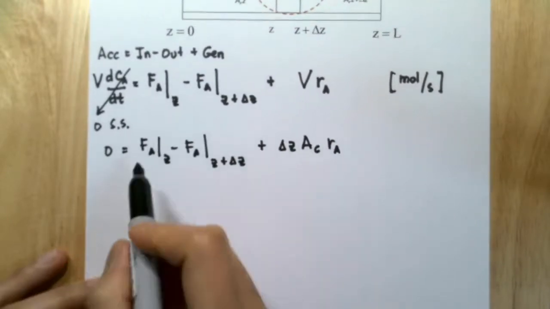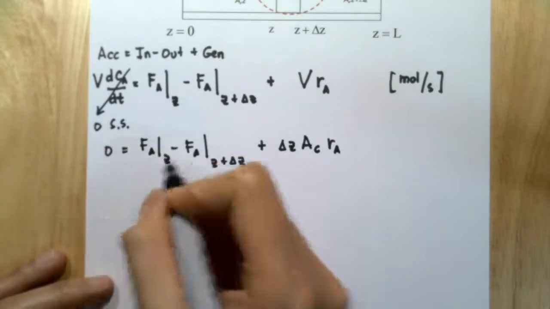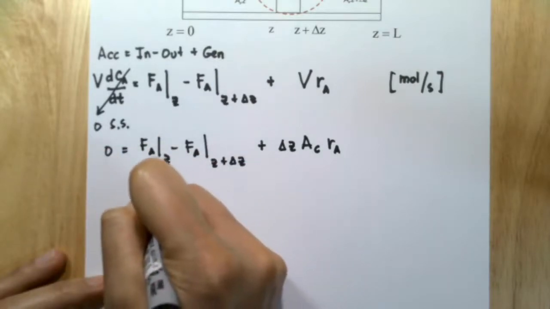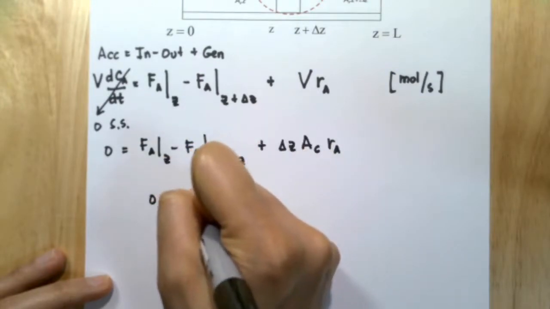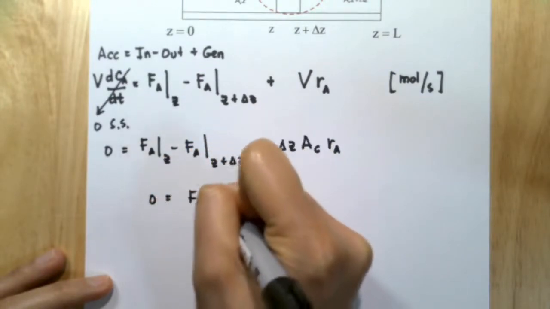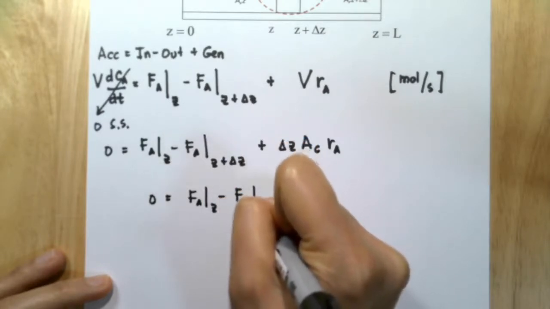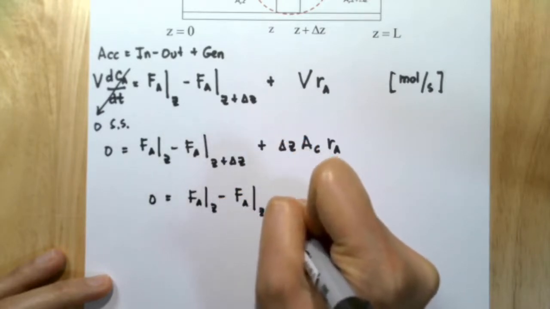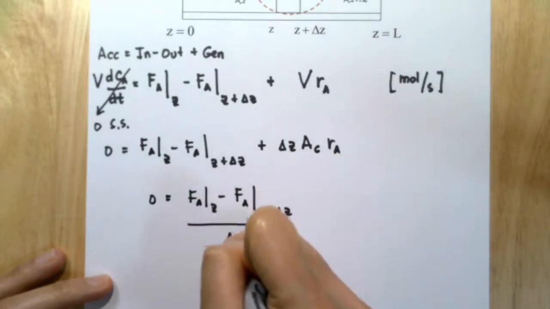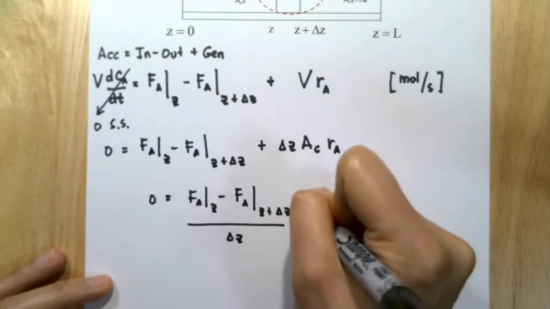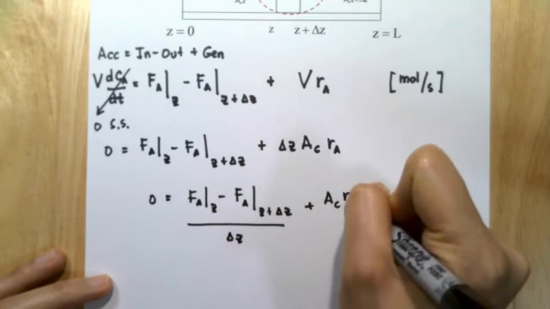So now I can divide each term by delta Z, and my equation will become 0 equal to FA at Z minus FA at Z plus delta Z, divided by delta Z, plus AC RA.